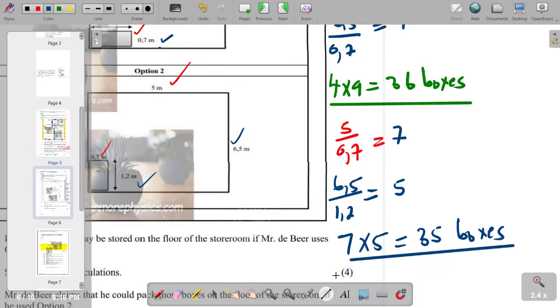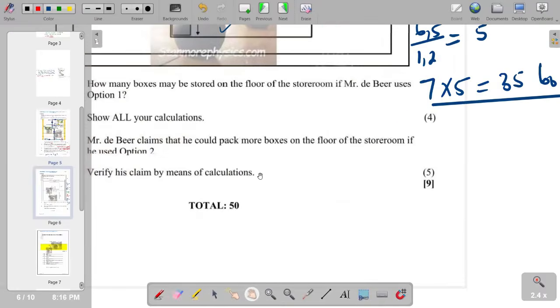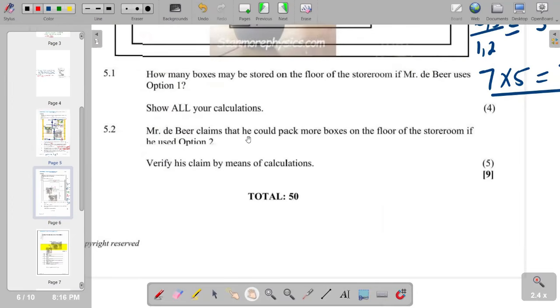Now it's a comparison that we are making between option 1 and option 2. Option 1 has 36 boxes, option 2 has 35 boxes. So option 1 has more boxes. The question says Mr. DB claims that he could pack more boxes on the floor if he used option 2.